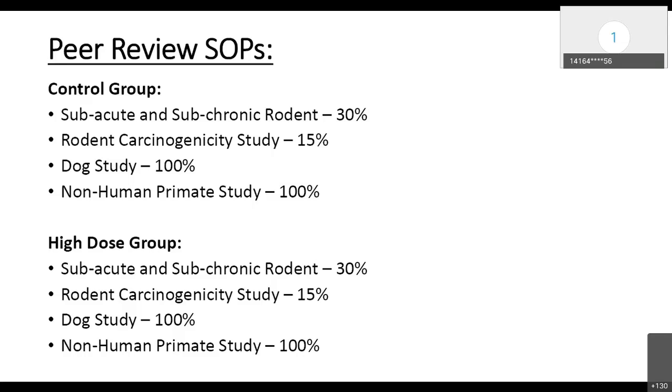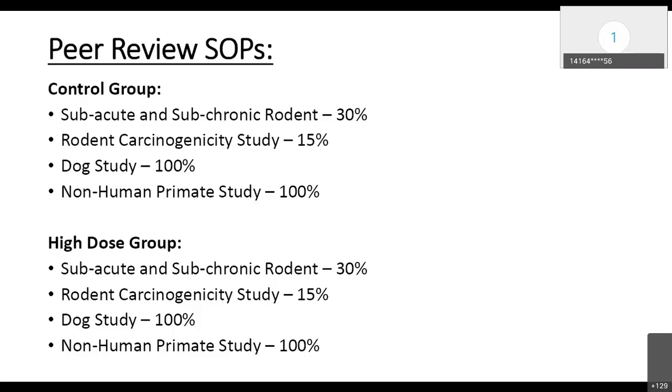Normally when we do peer review in our organization, we take representative animals from the control and high dose groups. That is for subacute studies, up to 30-day toxicology studies, and up to 90-day toxicology studies. We take 30% of animals from the control group, and we examine all organs and tissues from those 30% of animals.